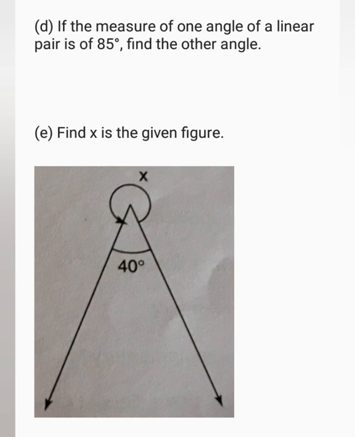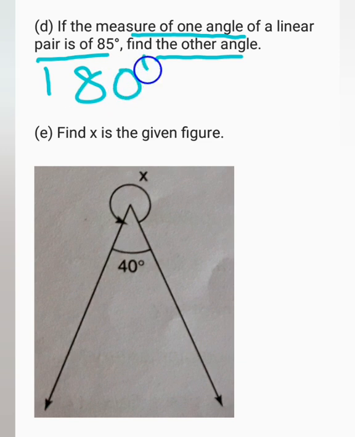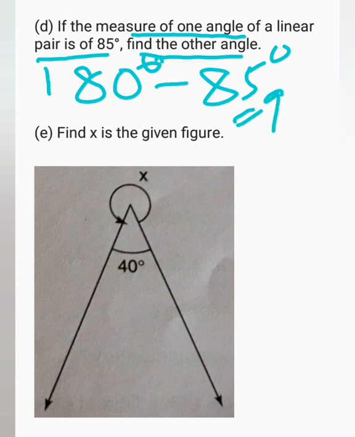Now the next question, if the measure of one angle of a linear pair is 85 degree, find the other angle. We know that the sum of two adjacent angles of a linear pair is 180 degree. One angle is 85 degree, so the other angle will be 180 minus 85, that means 95 degree.